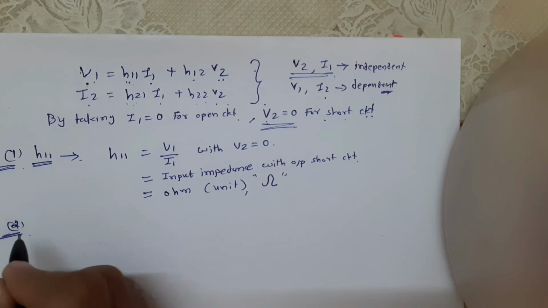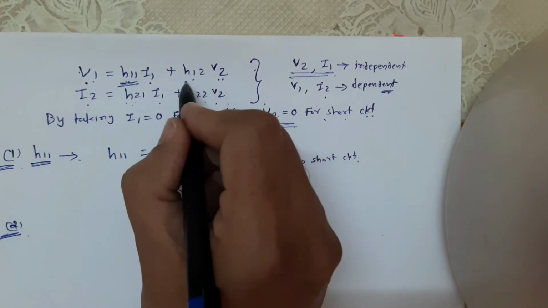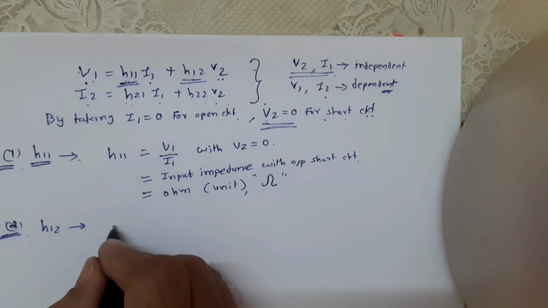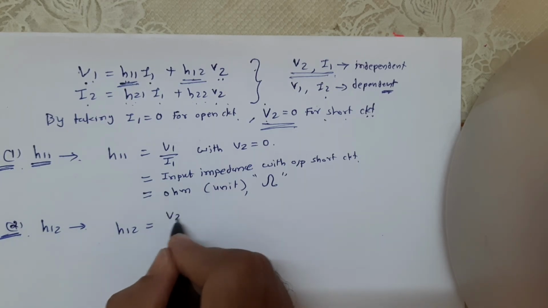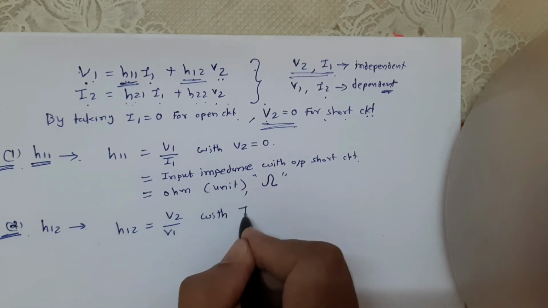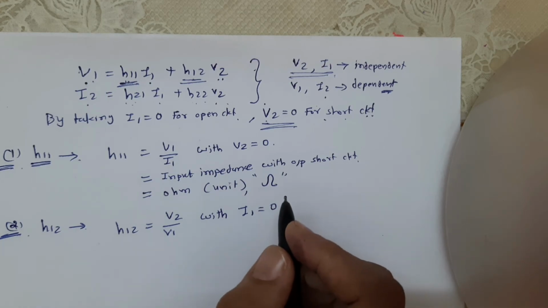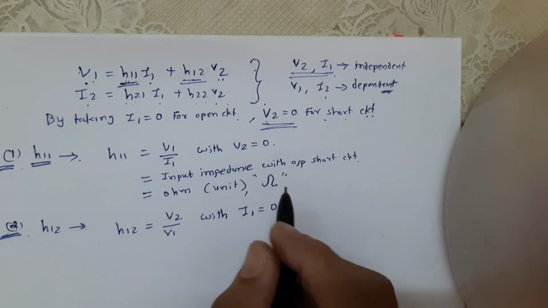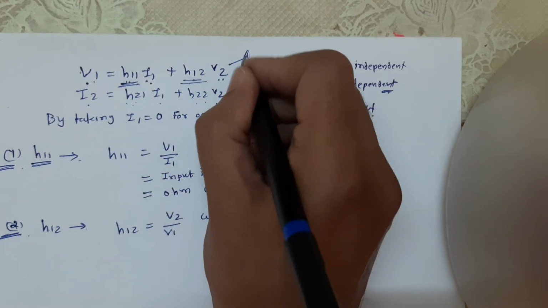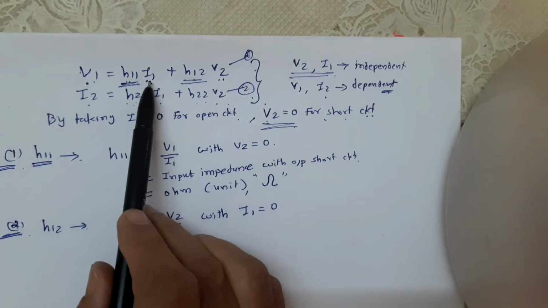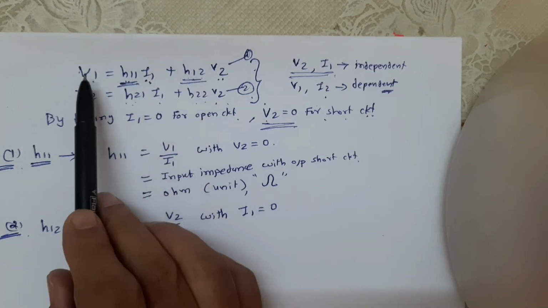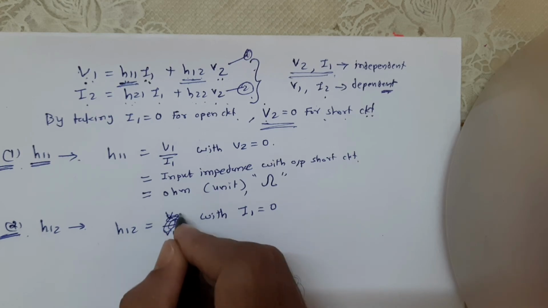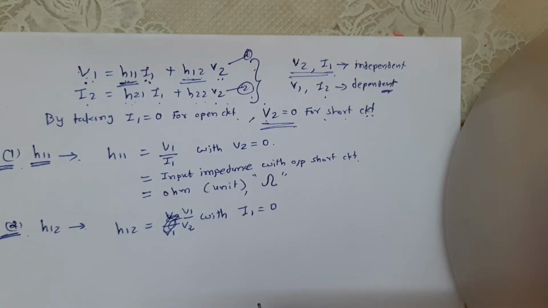The second parameter is H12, defined as H12 is equal to V1 upon V2 with I1 is equal to 0.